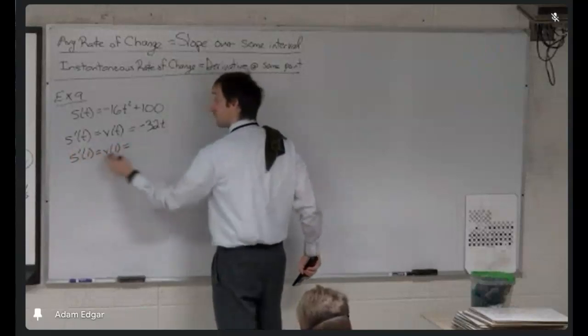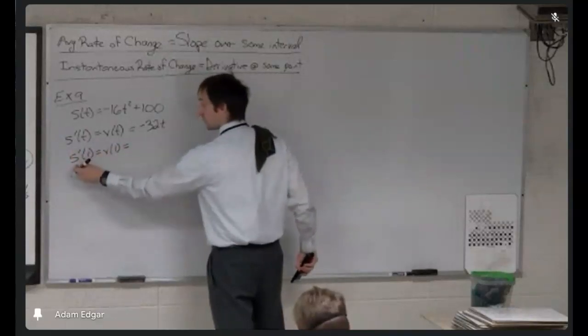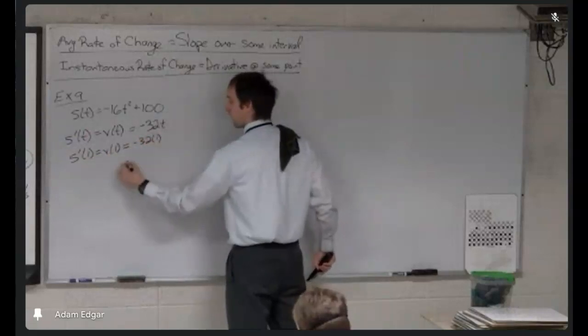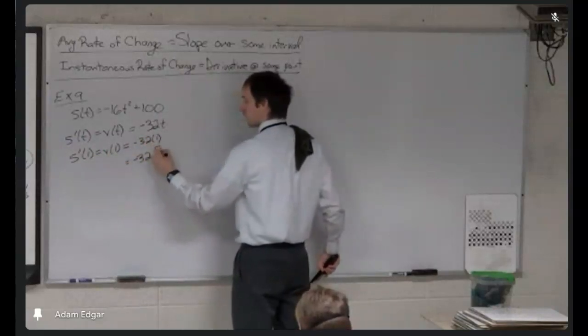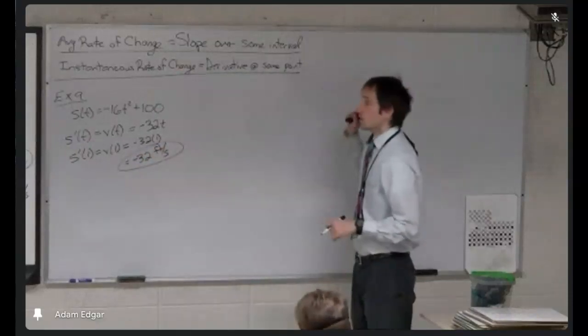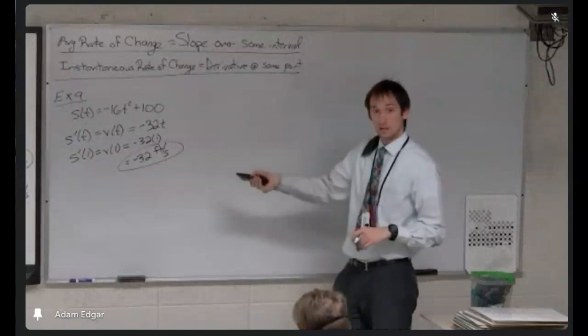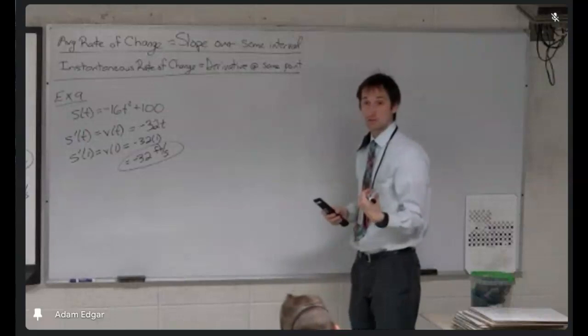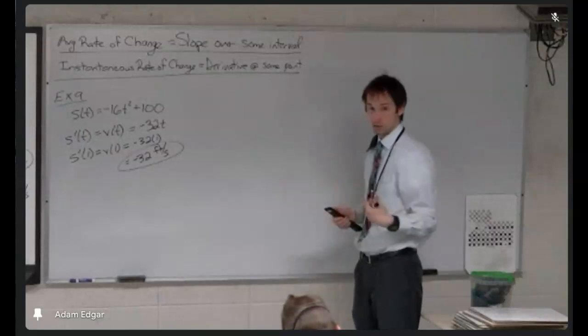Same thing, because the derivative of position is velocity. Just plug in 1 for time, and we get negative 32 feet per second. Any questions with A through D of just dealing with velocity, average versus instantaneous? One is a slope, one is a derivative. Otherwise, it's the same idea.